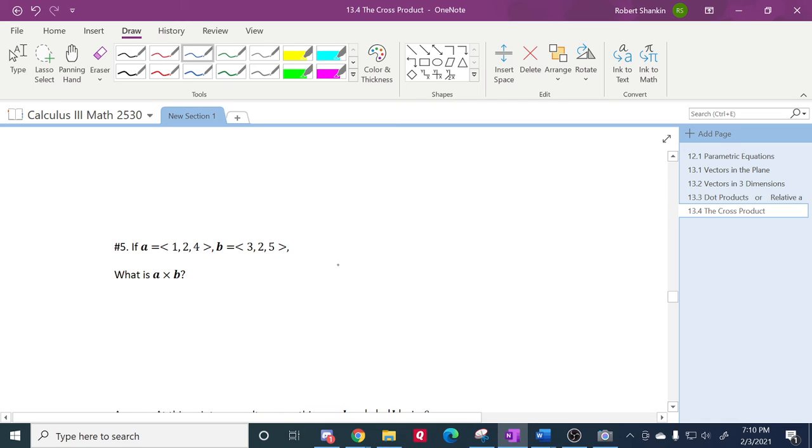We'd probably go, oh, it's the magnitude of A times the magnitude of B times the sine of the angle. But remember, the result of this is a vector. So then we have to put that in front of a unit vector that's in the right direction. Now, the magnitude of A is no problem. Magnitude of B, no problem.